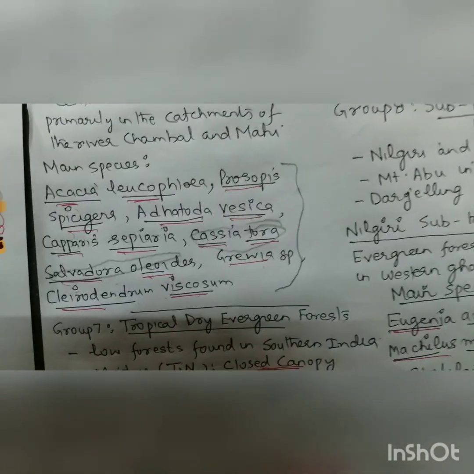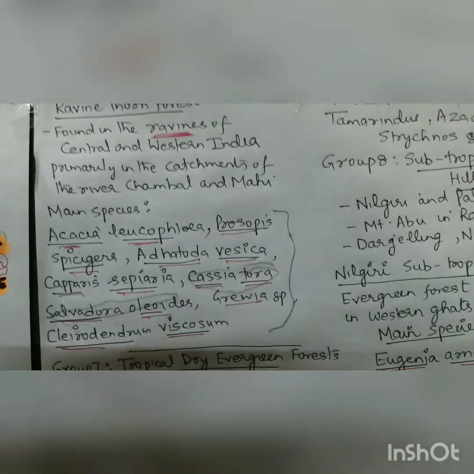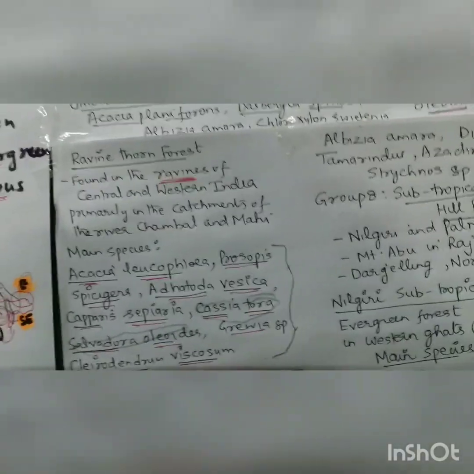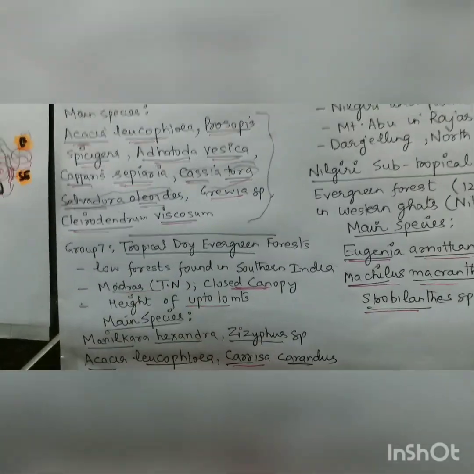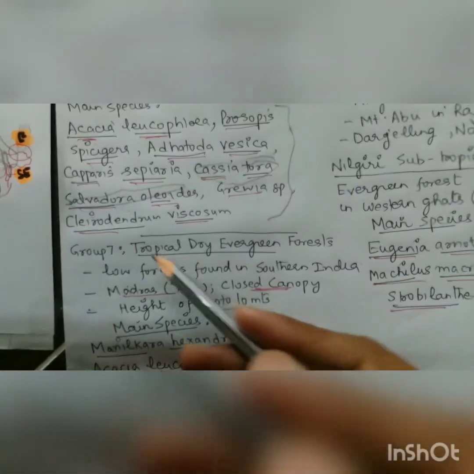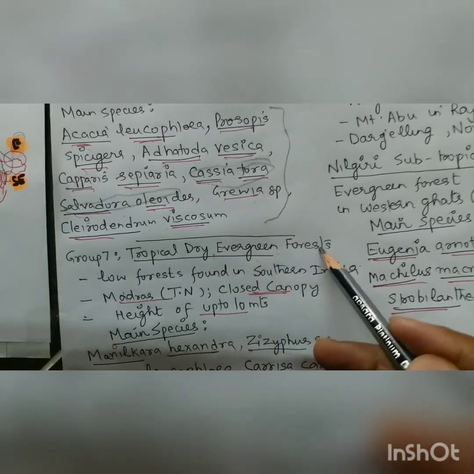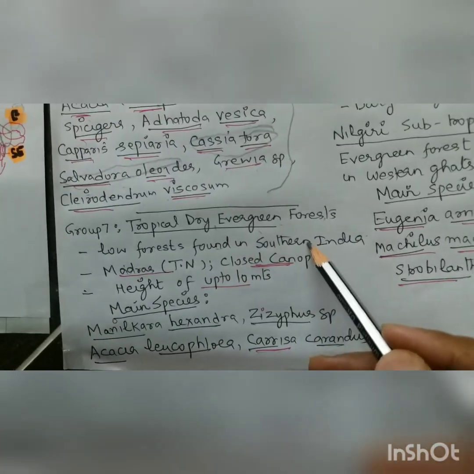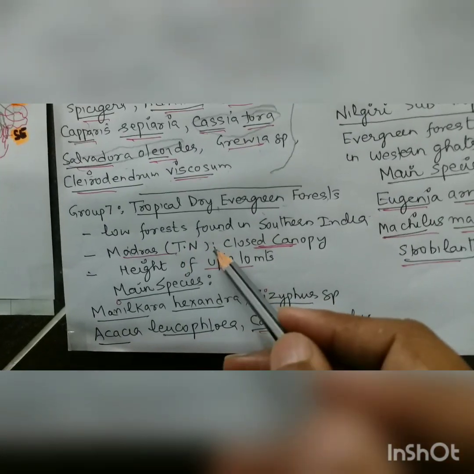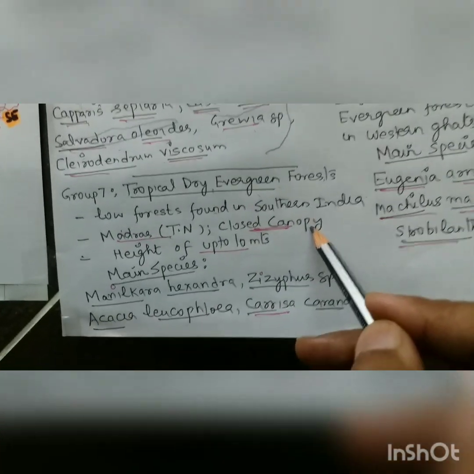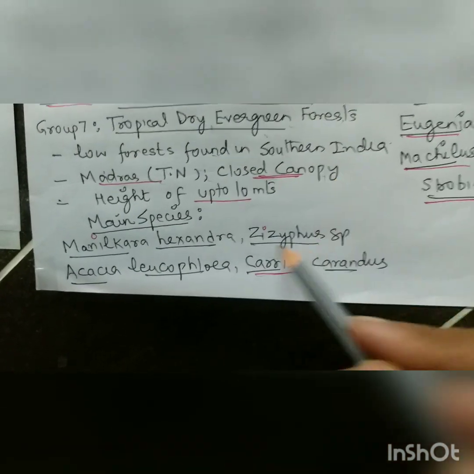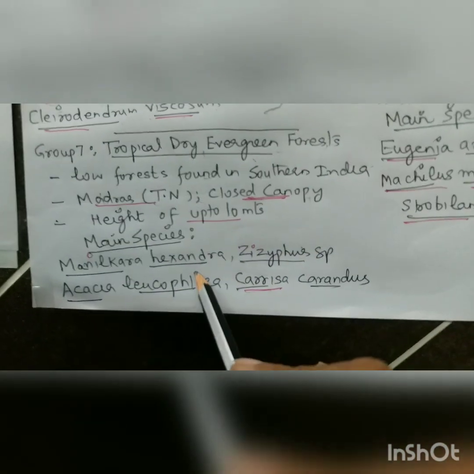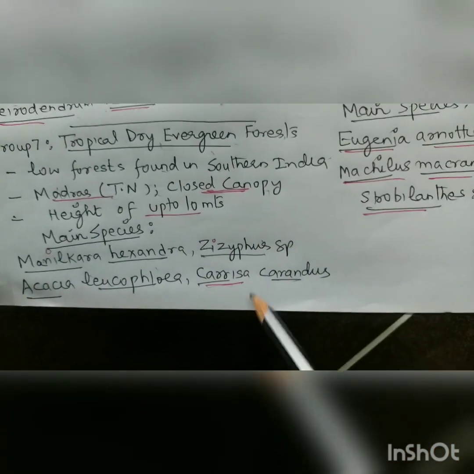So this finishes the thorn forests, which are very important forests of India. And then two groups we left: first is group 7, tropical dry evergreen forest. These are low forests found in southern India around Madras, with a closed canopy and height of up to 10 meters, and the main species are Manilkara hexandra, Ziziphus, Acacia leucophloea. Acacia leucophloea is prominently coming, and then Carissa carandus.